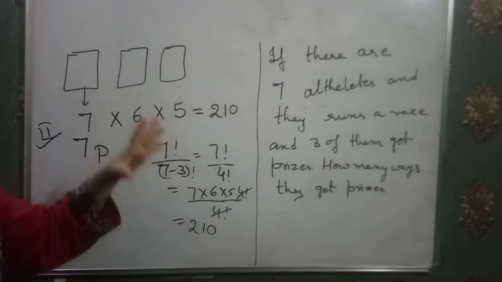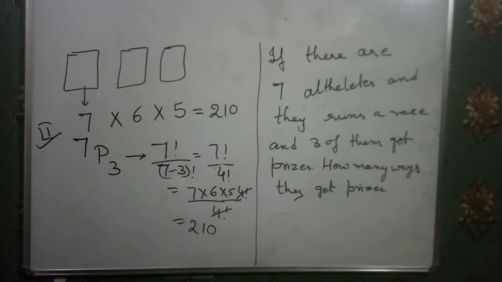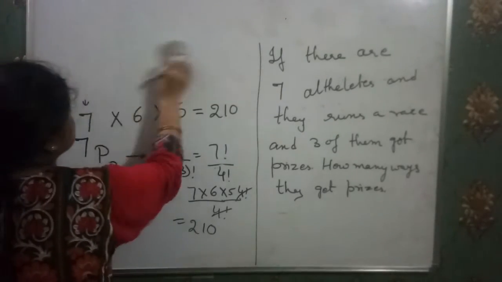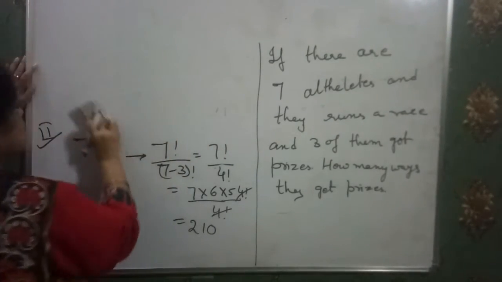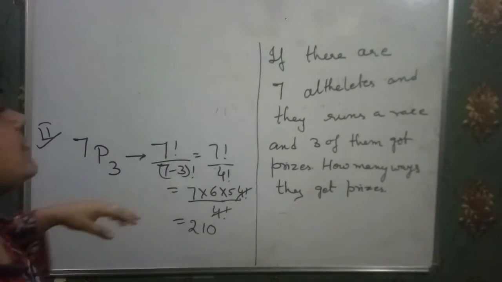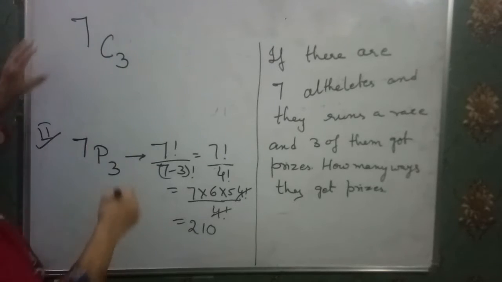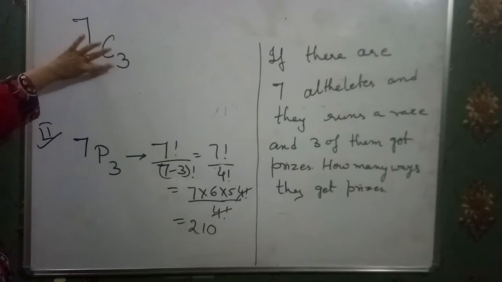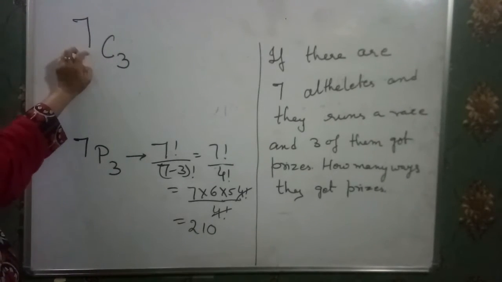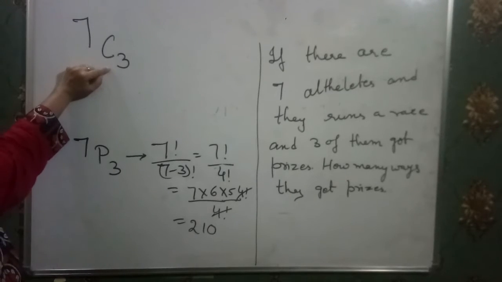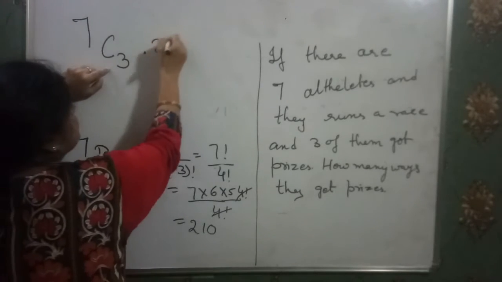Now the same question can be done using the formula of combination. How do we apply that? Just see over here. There are 7 people and 3 prizes. Here 7 people are there and 3 people are chosen to get the prizes, and the 3 prizes among 3 people can be won by any of them, so multiplied by factorial 3.